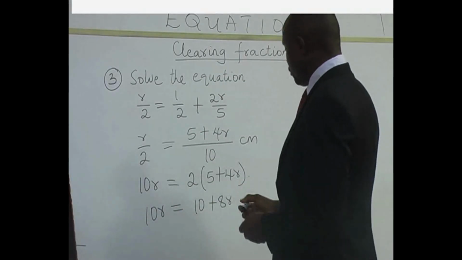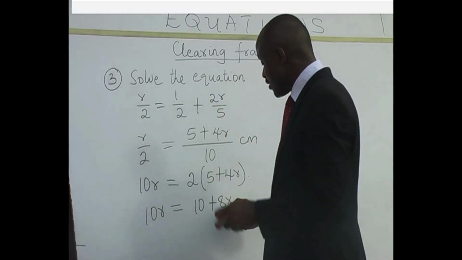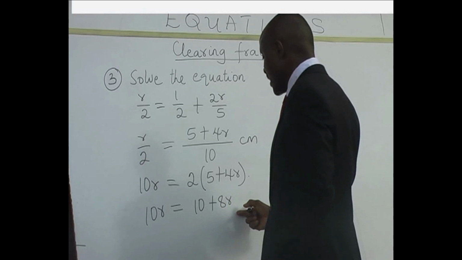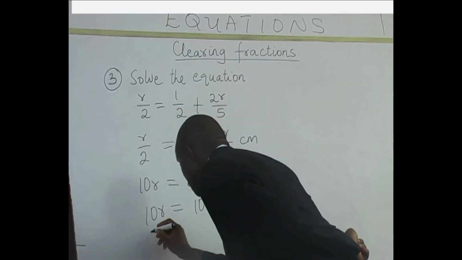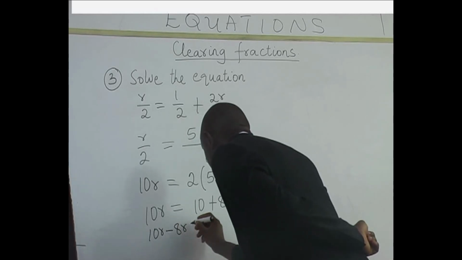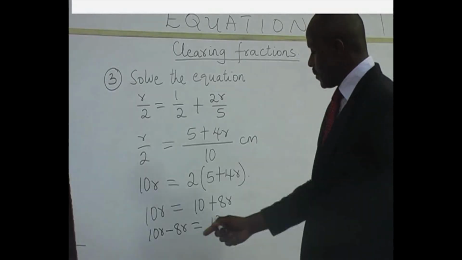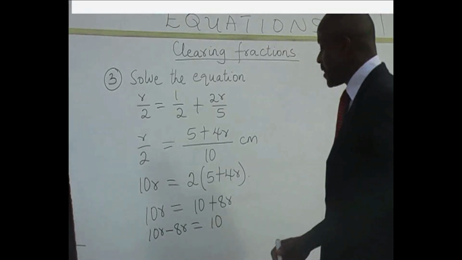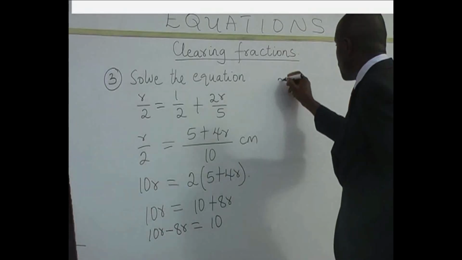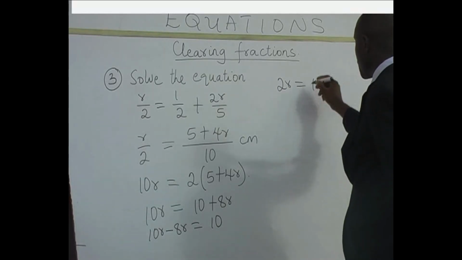Now, subtract 8r from both sides of the equation so as to eliminate 8r from the right hand side of the equation. That will give you 10r minus 8r is equal to 10. If you subtract 8r from 10r, you're going to have 2r left, and it will be equal to 10.